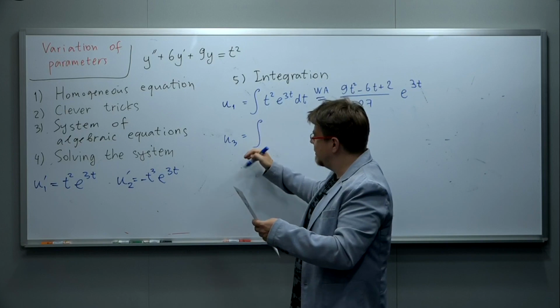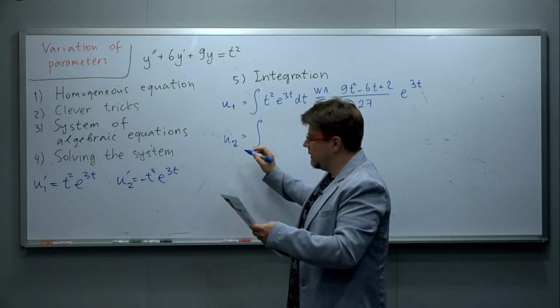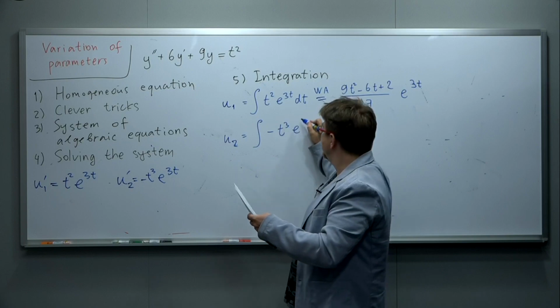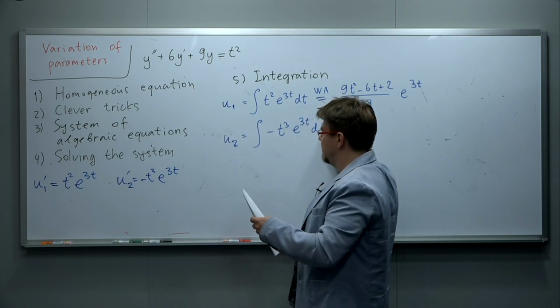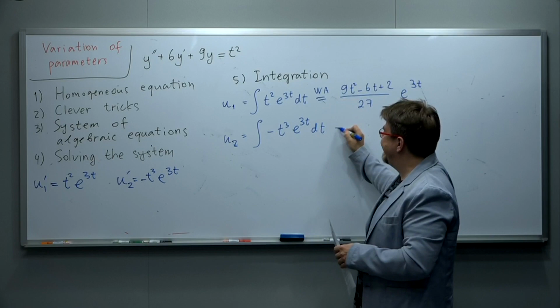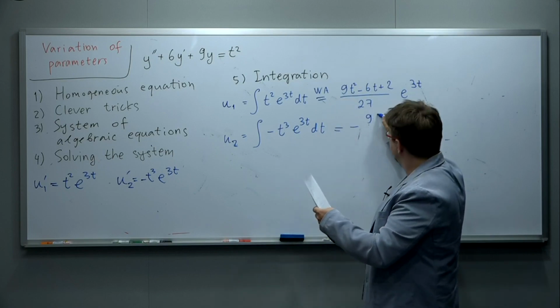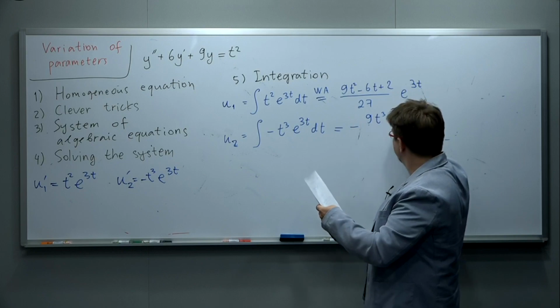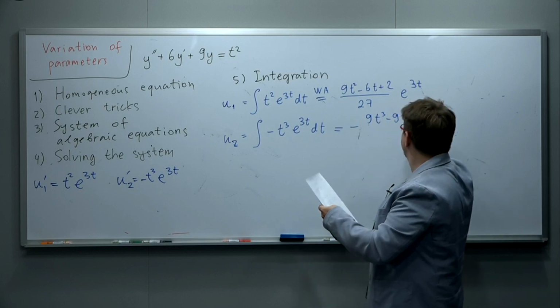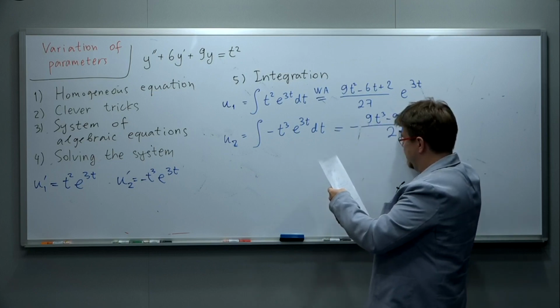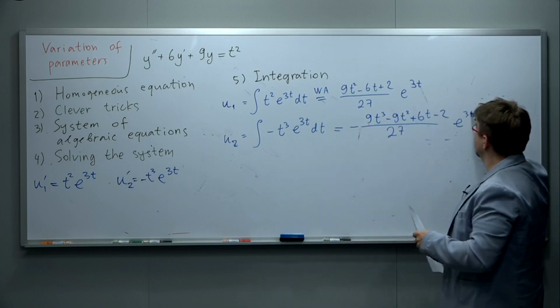So here, u2 is going to be the integral of minus t cubed e to the 3t dt. Again by Wolfram Alpha, the answer is minus 9t cubed minus 9t squared plus 6t minus 27 e to the 3t.